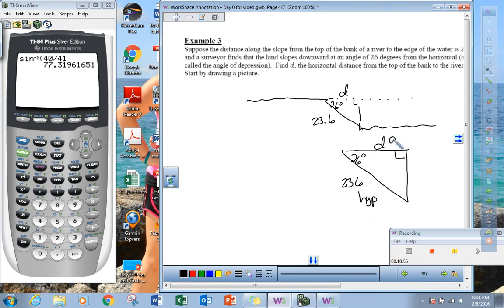I'm working with the adjacent. So think back to your SOHCAHTOA and decide what we're using. So it looks like we're using the cosine. So this is going to be set up as cosine of 26 degrees equal d over 23.6.